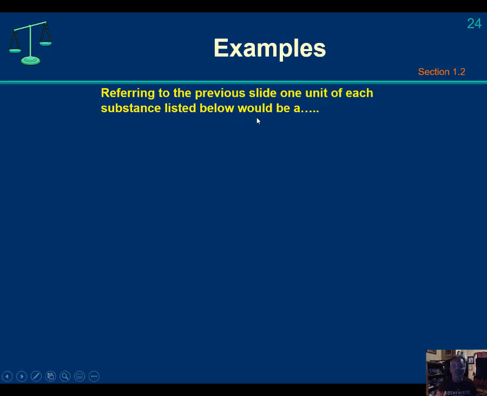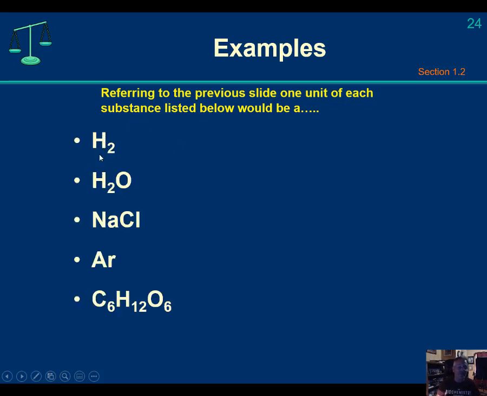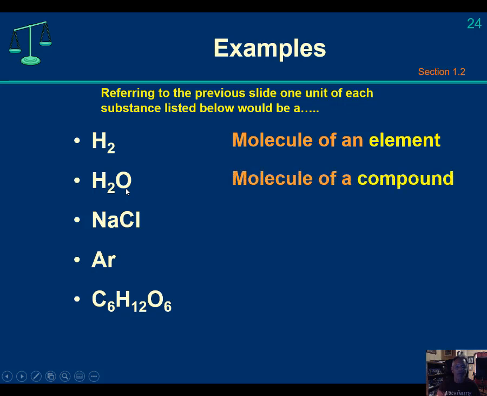So referring to the previous slide, one unit of each substance listed below would be, so this is H2. We know it's a molecule, and it's a molecule because there are two atoms chemically bound together. They are the same atoms, so we say it's a molecule of an element. If I'm referring to the smallest unit of H2O, the smallest unit would be a molecule of a compound because water is a compound.